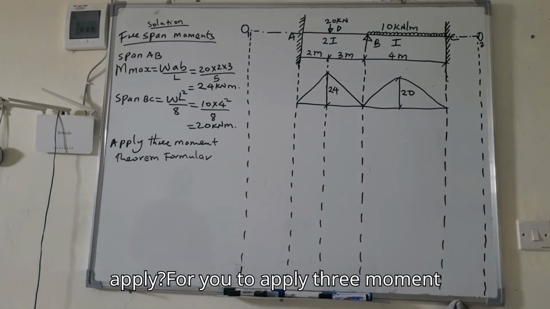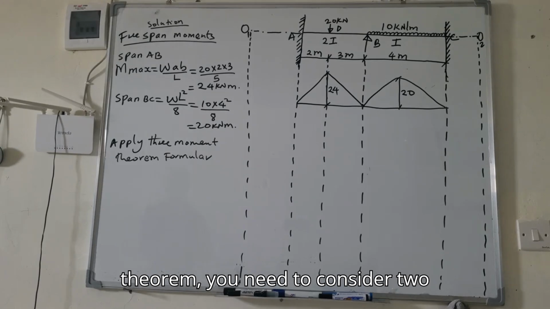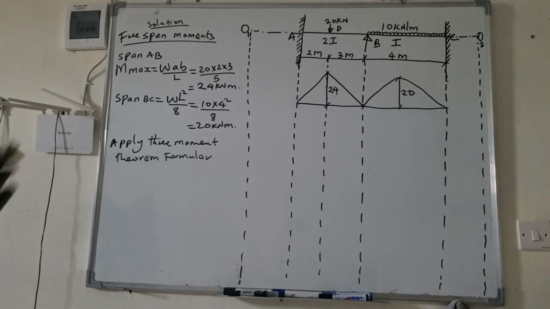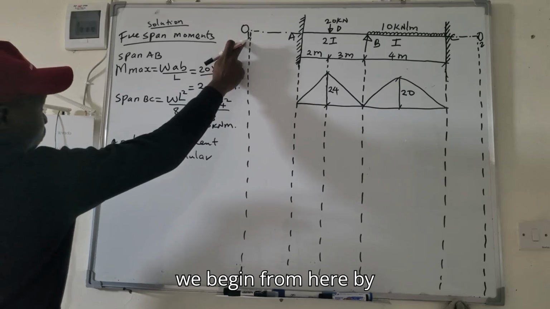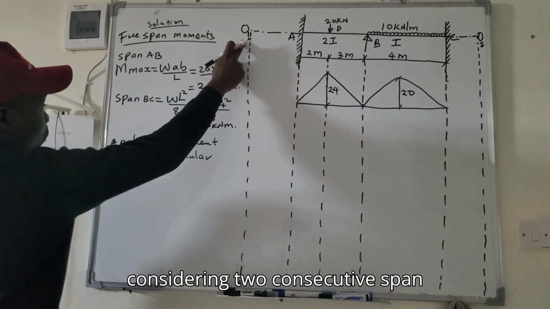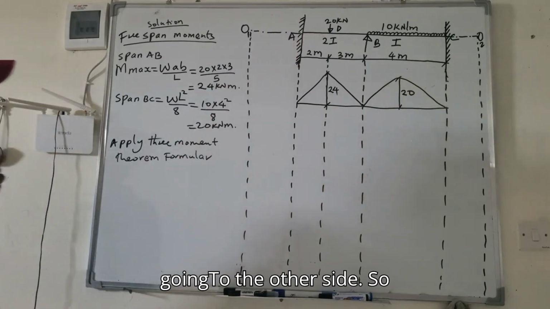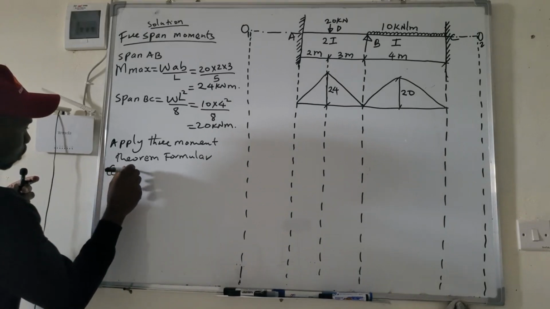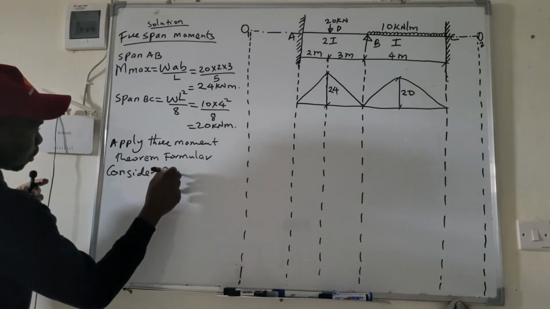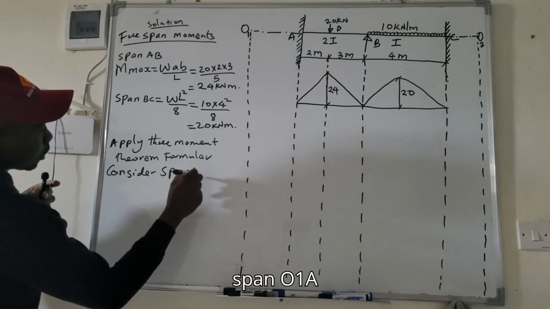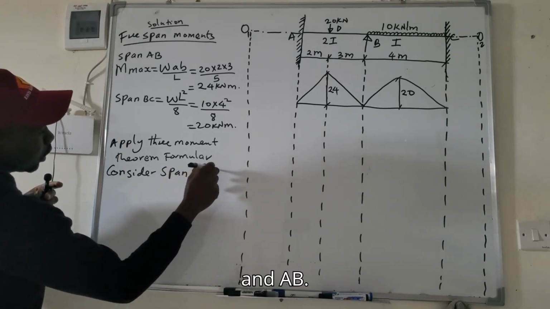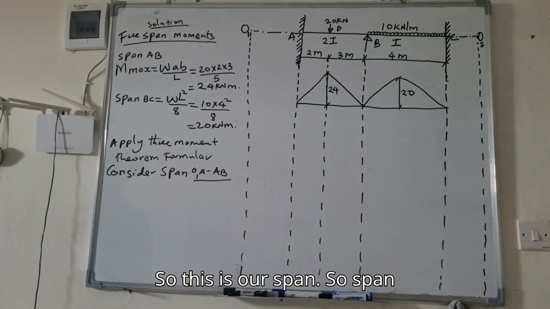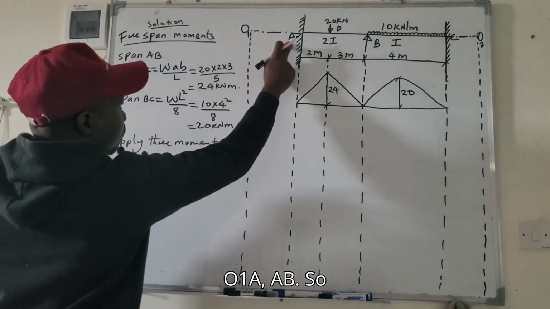And how do you apply it? For you to apply the three-moment theorem, you need to consider two consecutive spans. For our case, we begin from here by considering two consecutive spans going to the other side. So we have to consider span O1A and AB.